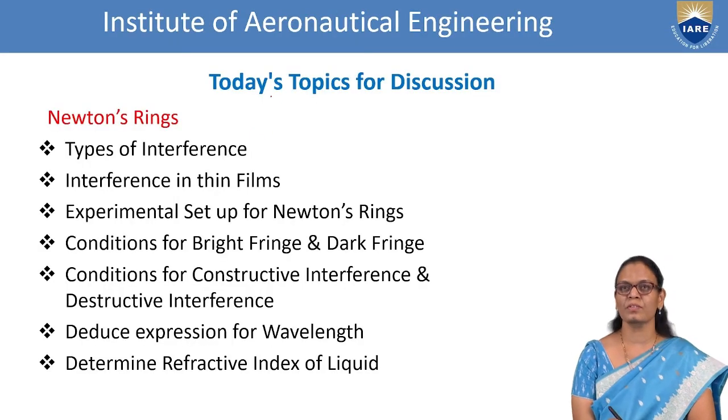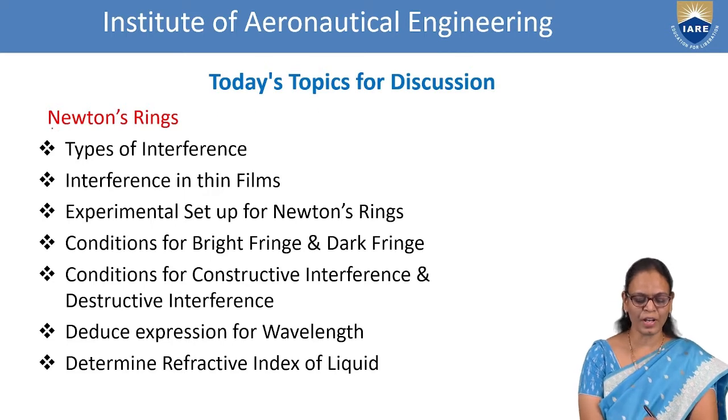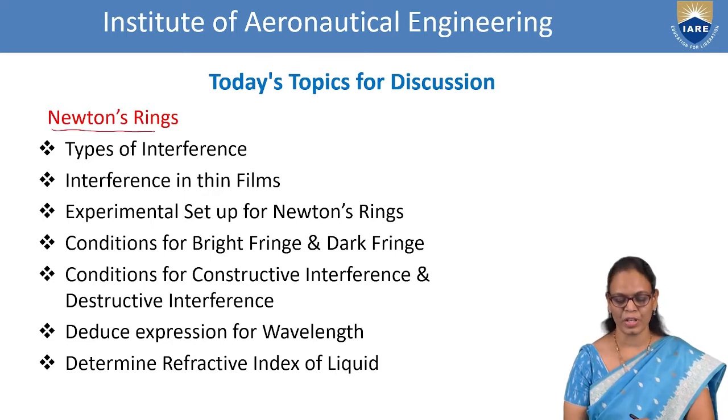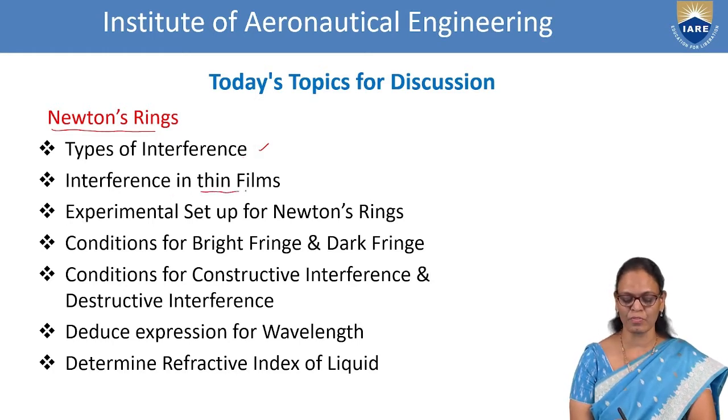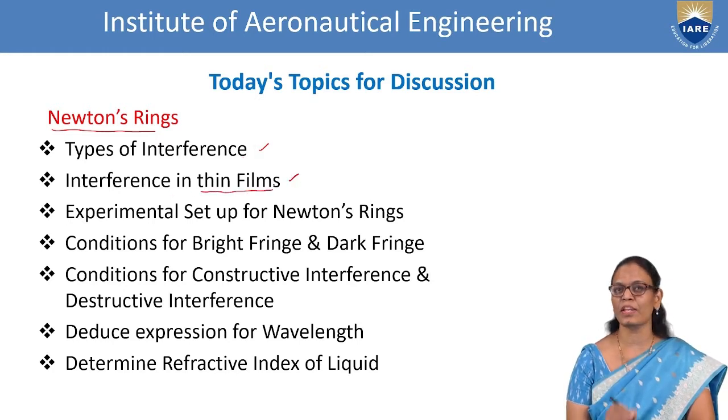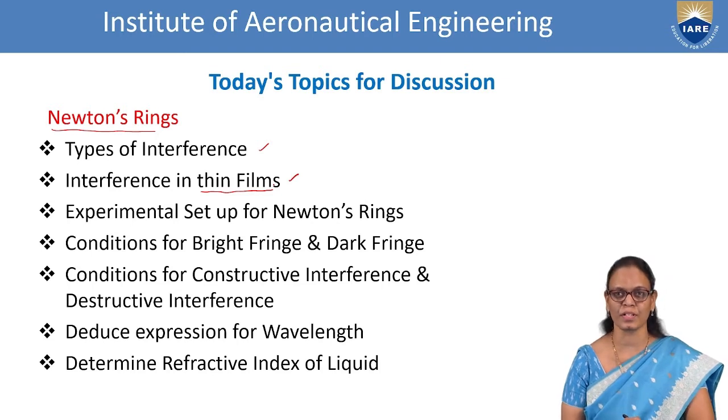So how are we going to discuss this topic? First, we'll have a quick recap of the types of interference, and then we will understand the interference phenomena in thin films. This is very much required to understand Newton's rings. Then we will discuss the experimental setup for the Newton's rings experiment.